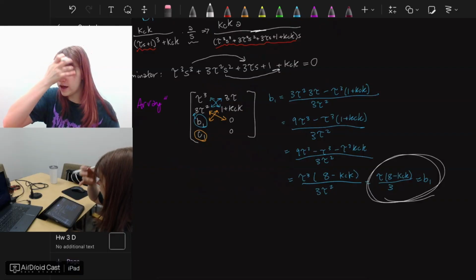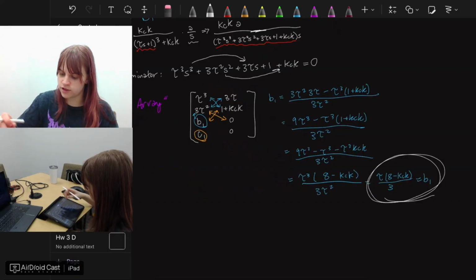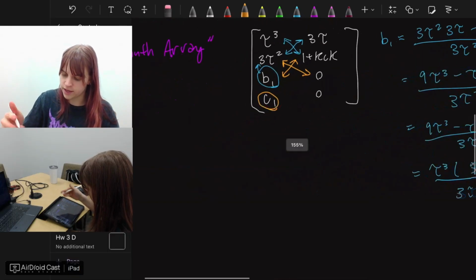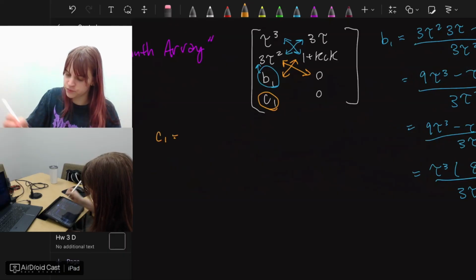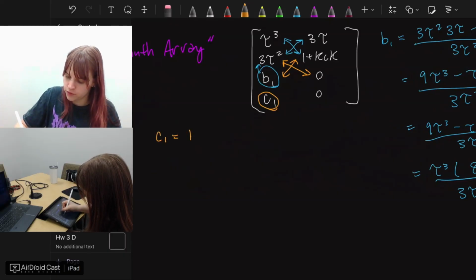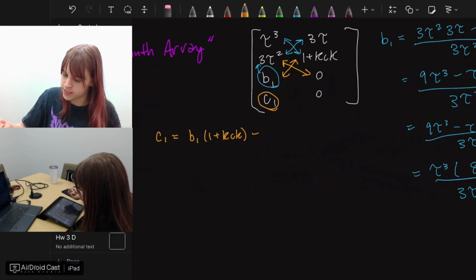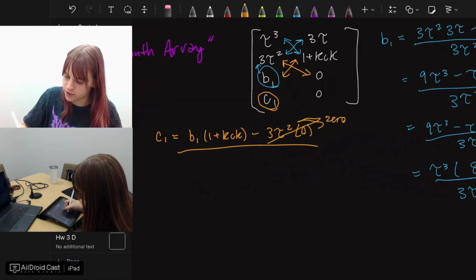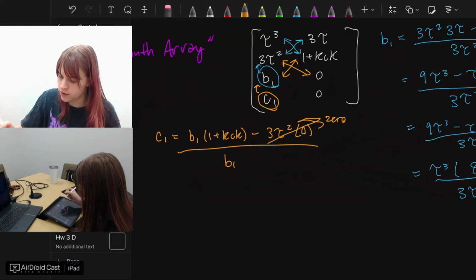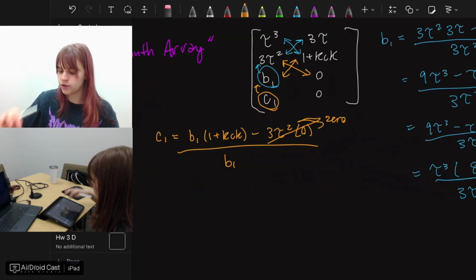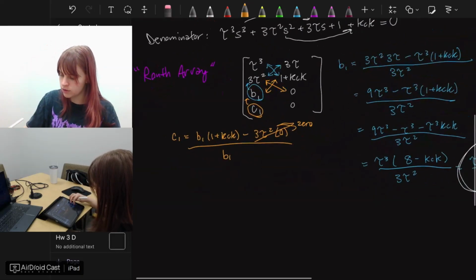So we solved for that constant, and now we need to solve for our C1. In a similar way, we have C1 is equal to B1 times 1 plus KcK, minus 3 tau squared times 0, so that just cancels out. And that's divided by B1 because B1 is above C1 in our array that we wrote out.